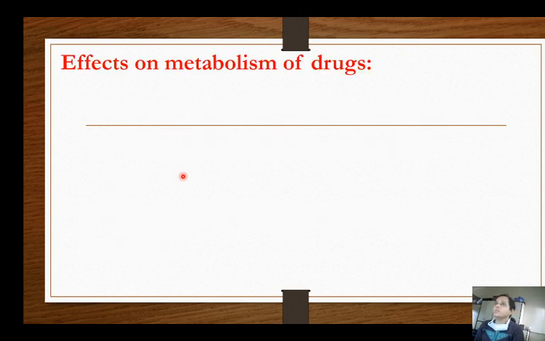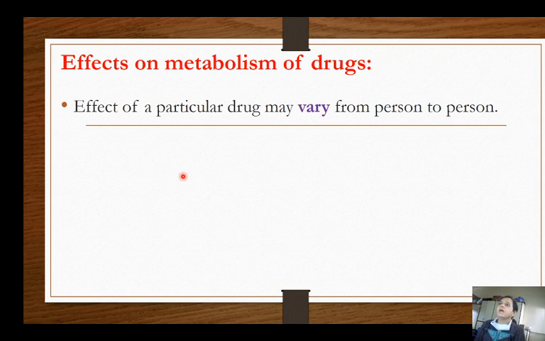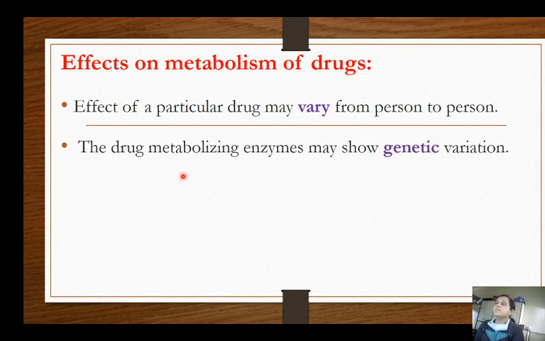Effects on drug metabolism. Each individual has a separate specificity or separate method by which they metabolize drugs. The effect of a particular drug may vary from person to person. The drug metabolizing enzymes show genetic variation. So, a drug is metabolized very rapidly in one individual and very slowly in another.